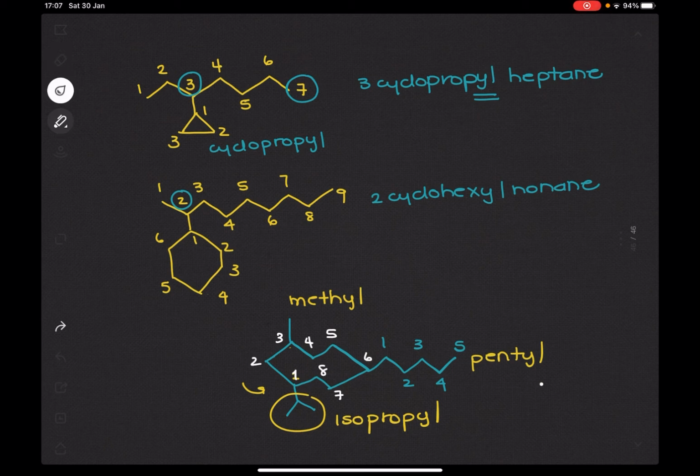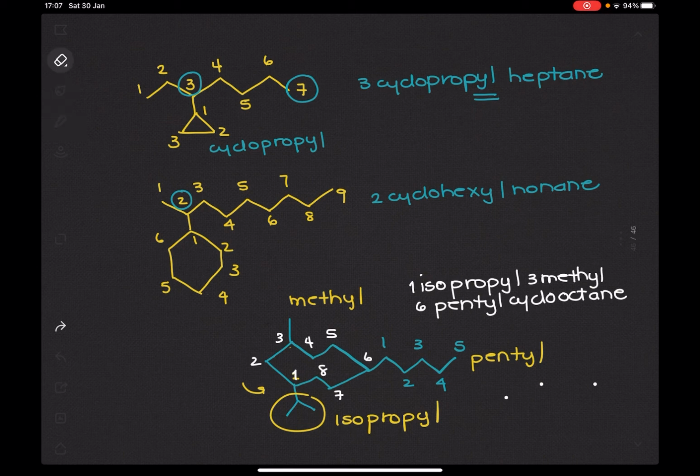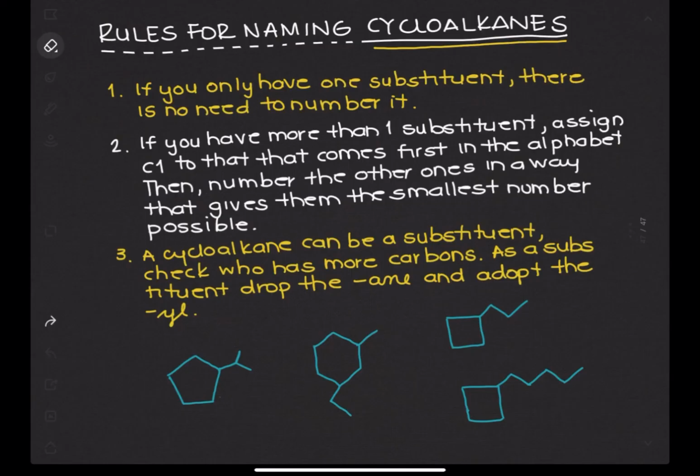I have 1 isopropyl, 3 methyl, 6 pentyl, cycloalkane. So those are the rules for naming cycloalkanes. So let's review those rules.